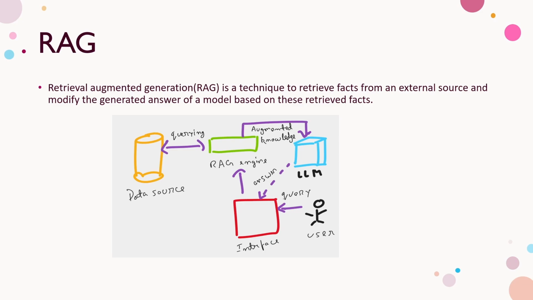Ideally you have an interface through which a user interacts, and the user query goes to a RAG engine, and it queries a data source and then augments the knowledge gathered from the data source onto the LLM or large language model, which then forms an answer to your query and displays that to the user in an interface.